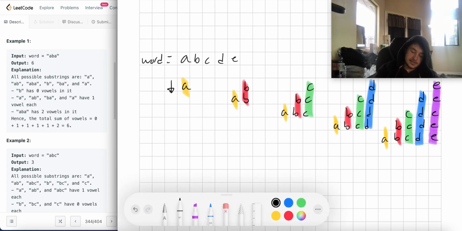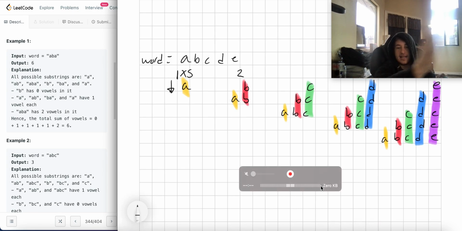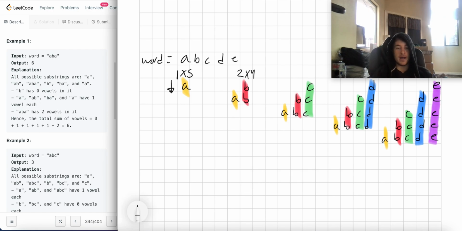So A is a 1 by 5, meaning it's in 5 locations. B is height 2: 2 down, 2 down, 2 down, 2 down. But it's only in a width of 4, because it's not to the left of the string. So it's a 2 by 4, so it's in 2 by 4 of the total substrings.